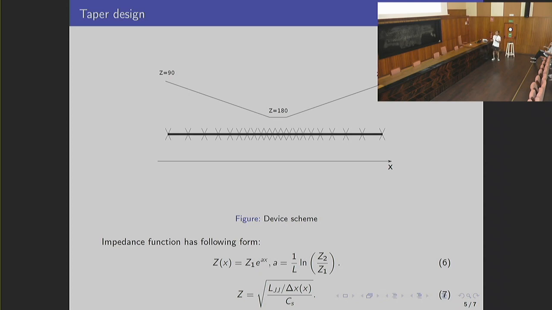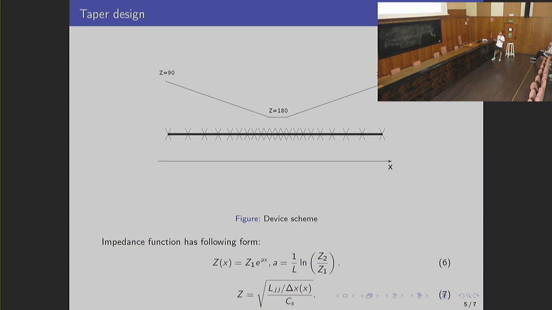How we do this is that we can manipulate the distance: we can put the junctions at different distances from each other. That is a way to build this impedance function, as you can see from this formula.